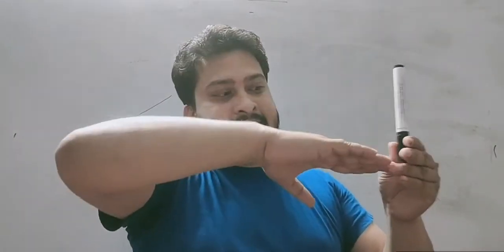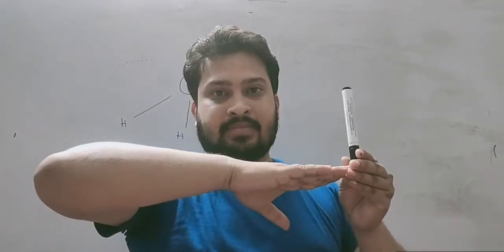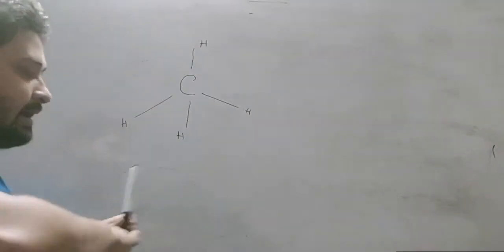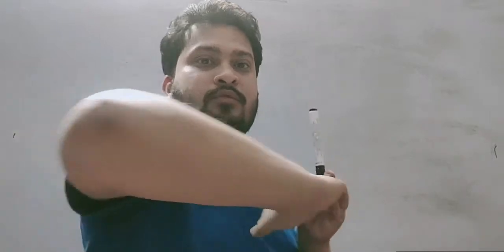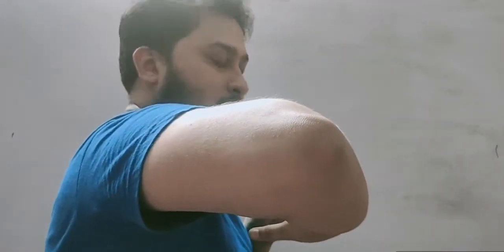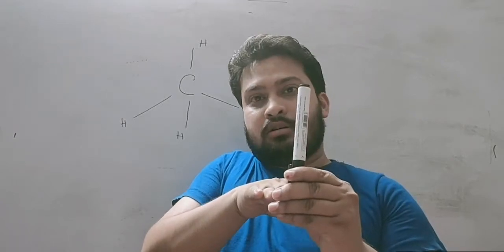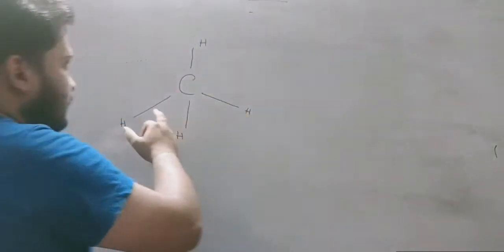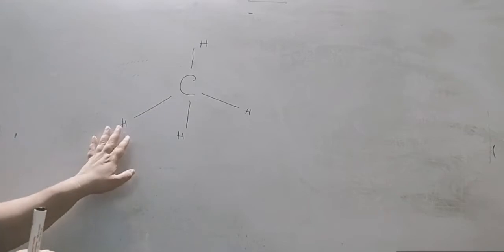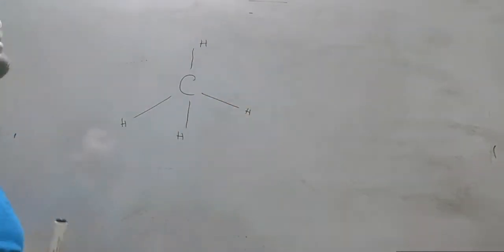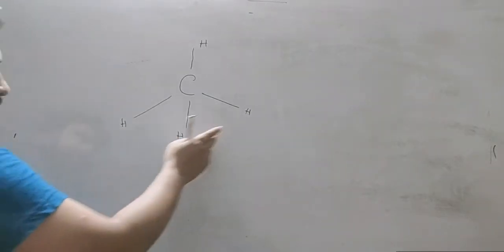This is the y-axis and this is the x-axis, and another is the z-axis, which is in front of your side, and another is at the back of this point. There are 4 valences, which are shown to you with the help of hydrogen.